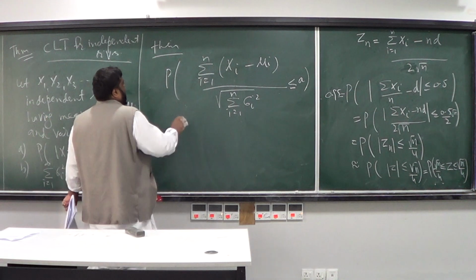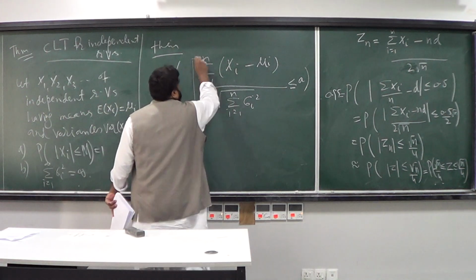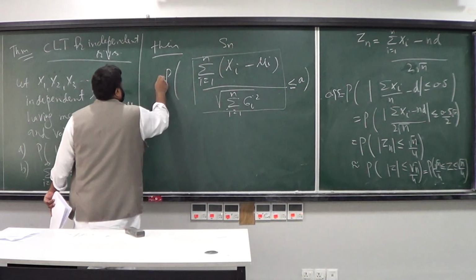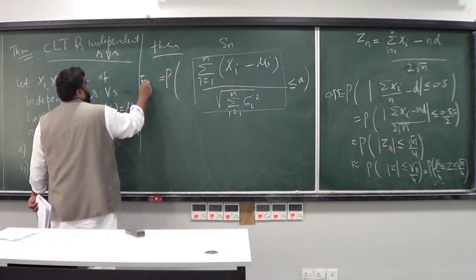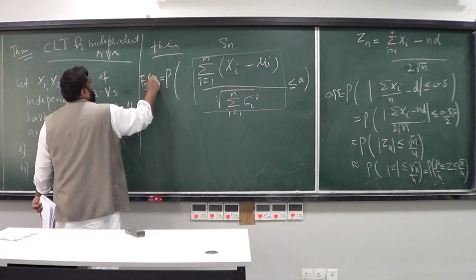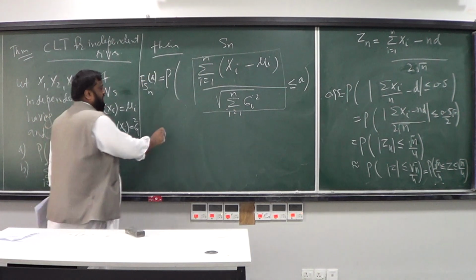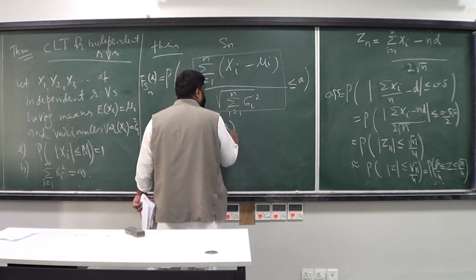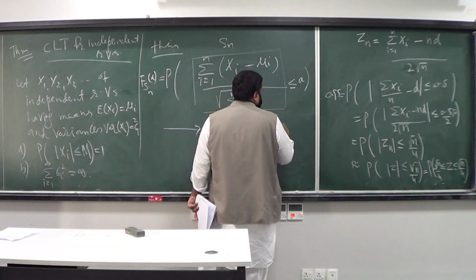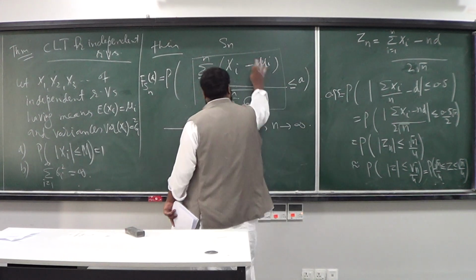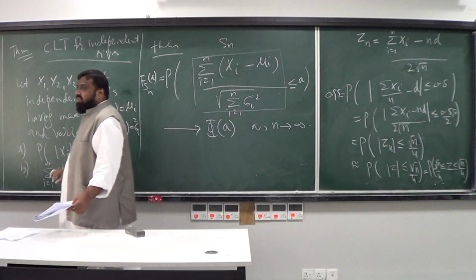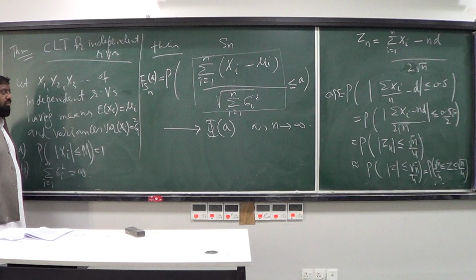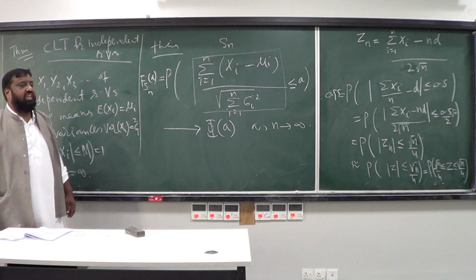If I call this random variable Sn, then this represents the distribution function of Sn evaluated at a, which converges to the distribution function of the standard normal random variable as n goes to infinity. In other words, this random variable will converge to the standard normal random variable as n goes to infinity.